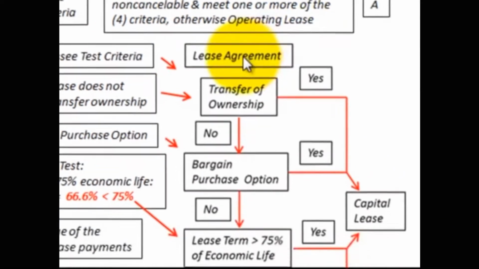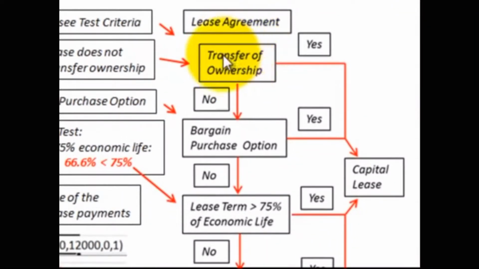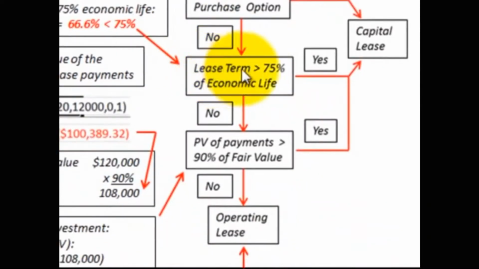So looking at our lessee's test criteria here, first criteria, is there a transfer of ownership with this lease? Second criteria, is there a bargain purchase option? And then thirdly, is the lease term greater than 75% of the economic life? And then number 4, is the present value of the minimum lease payments greater than or equal to 90% of the fair value of the leased asset?